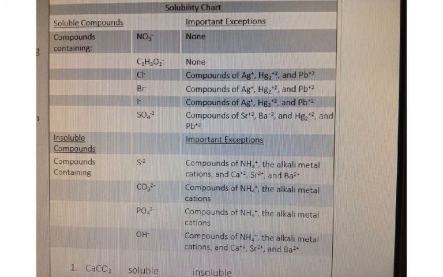And we will be giving you the solubility chart on the test, but this is basically what one looks like. So how this works is you're looking at these soluble compounds, and another word for soluble is aqueous. The exceptions are listed here.